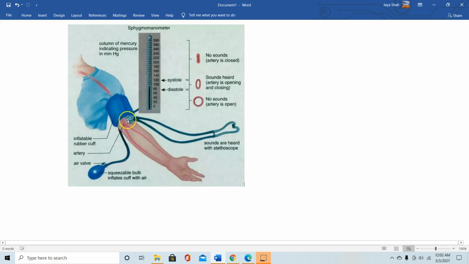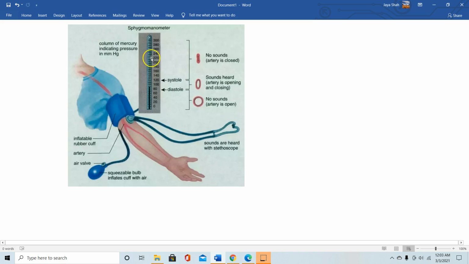You will not hear any sound because the artery is blocked, so there is no flow of blood. Now you slowly release the air valve, at a rate of around 2 millimeters of mercury per second, and listen very carefully to the sound.